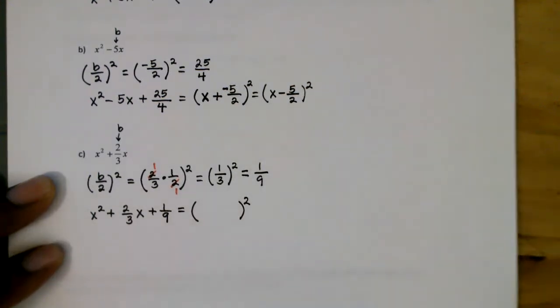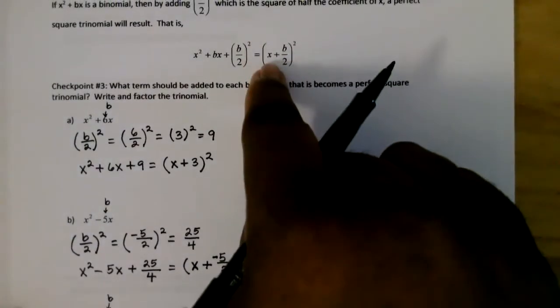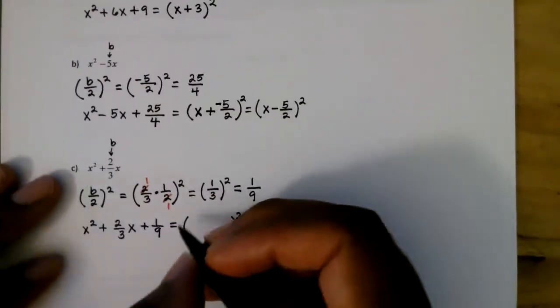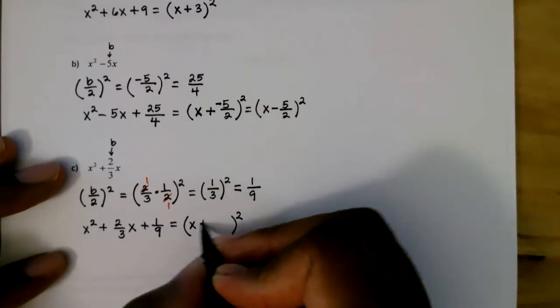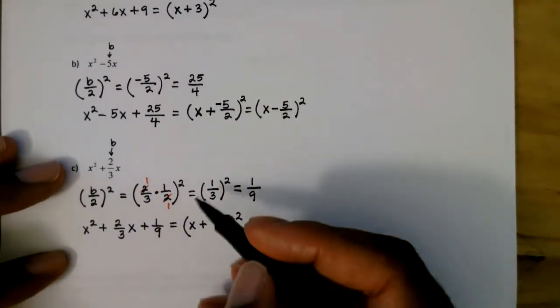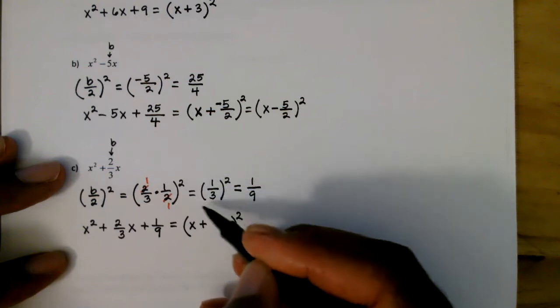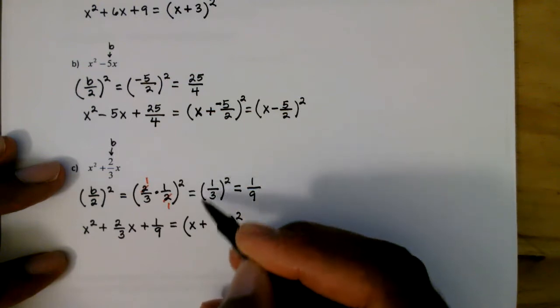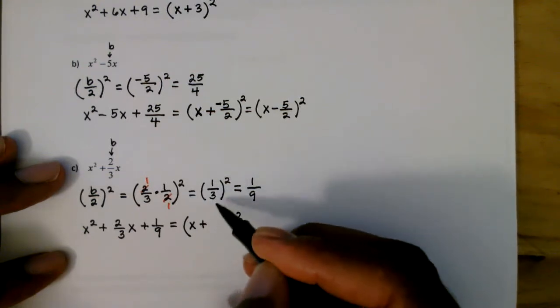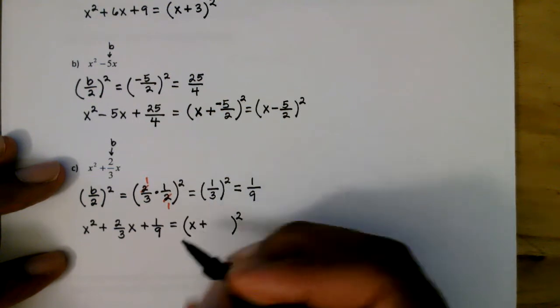And that's going to have to be factored as a square of a binomial, which is going to fall into this format right here, x, and then plus, let's see, the b over 2 was this right here. The b over 2 was this number that's inside the parentheses. That's the 1/3.